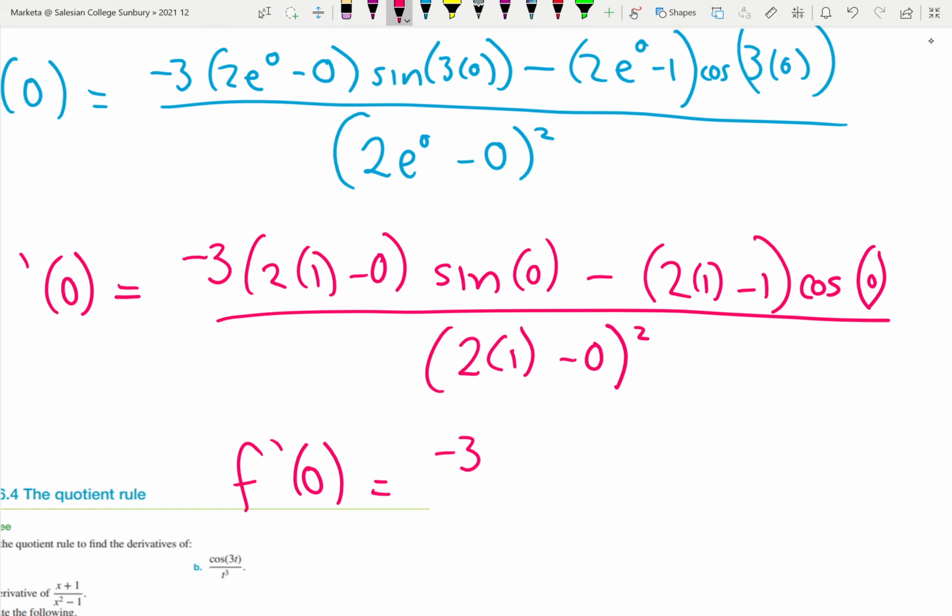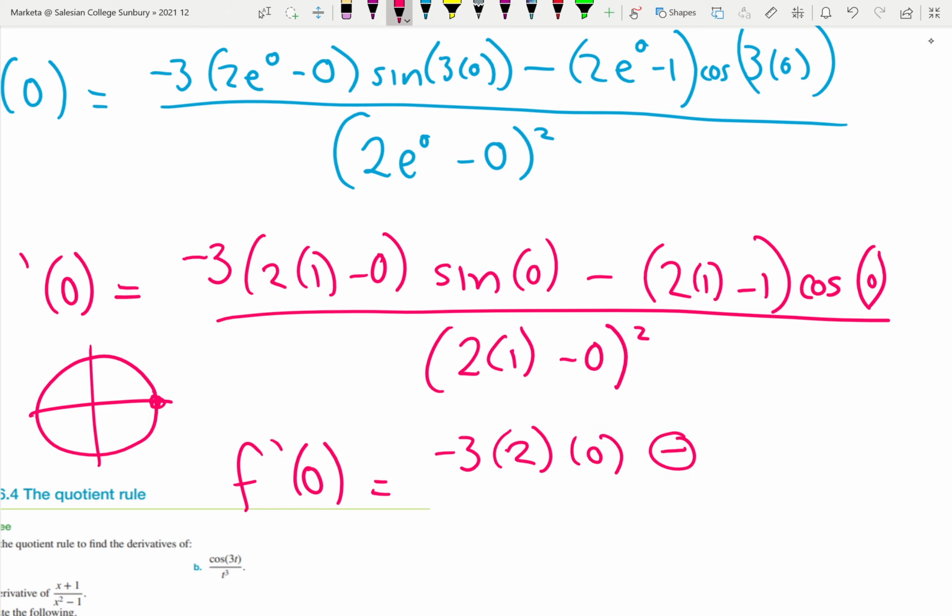So what have we got here? 2 times 1 is 2. And then sine of 0. If we draw a little unit circle here, sine is the y value, so that's going to be 0. Minus 2 times 1 is 2, minus 1, oh sorry. Okay, Google, stop. 2 times 1 is 2, minus 1 is 1.